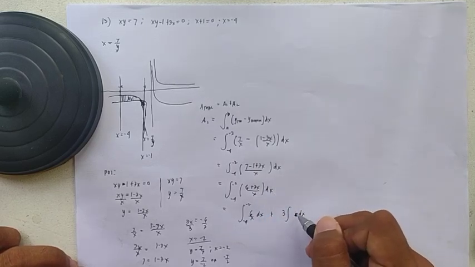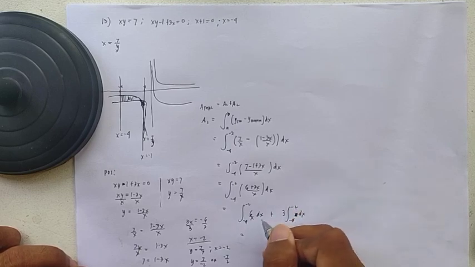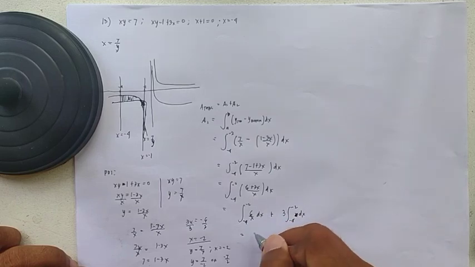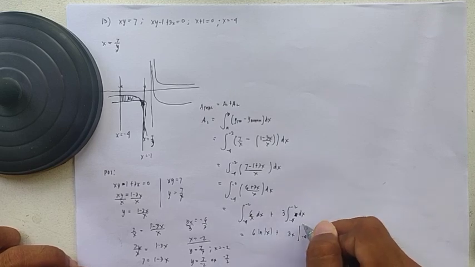So magiging the integral of 3 dx from negative 4 to negative 2. So yung magiging sagot dito ay 6 ln of x plus 3x from negative 4 to negative 2.